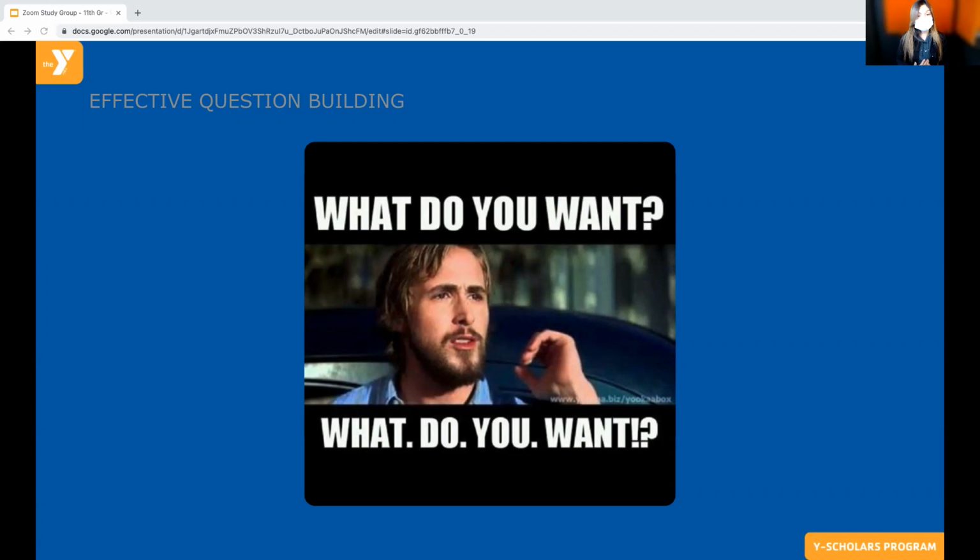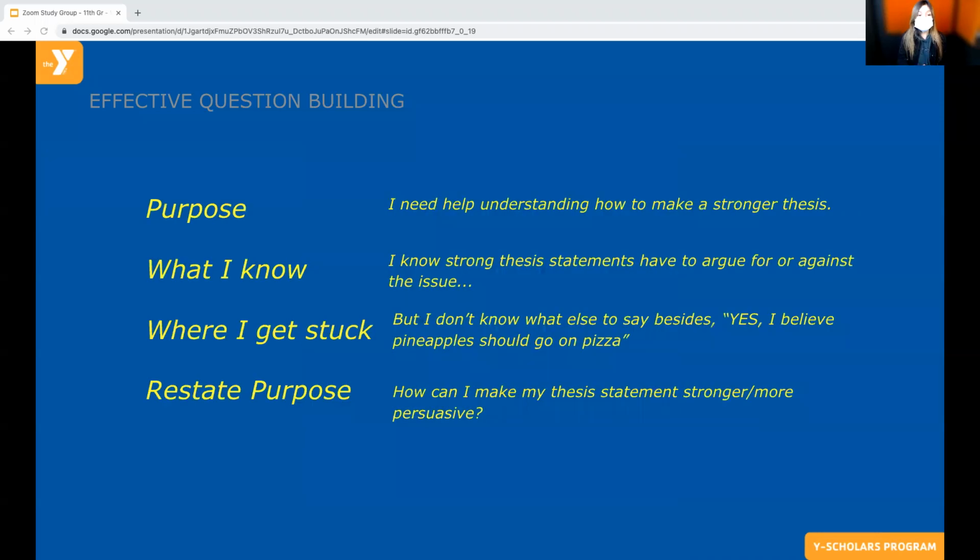So the first step to making an effective question is to, 1, know your purpose. Moving forward, we discussed that there are 3 additional steps: what I know, where I get stuck, and restating your purpose.